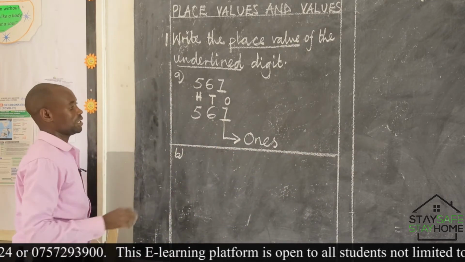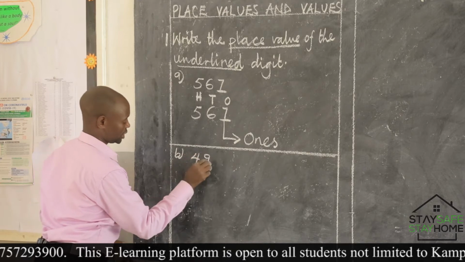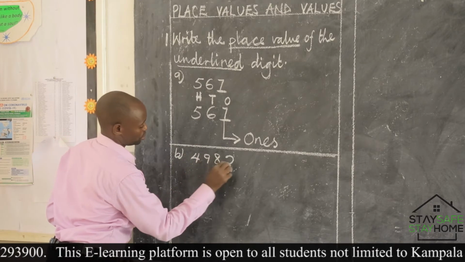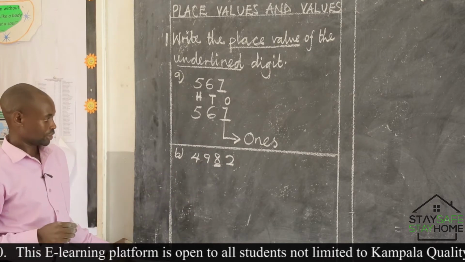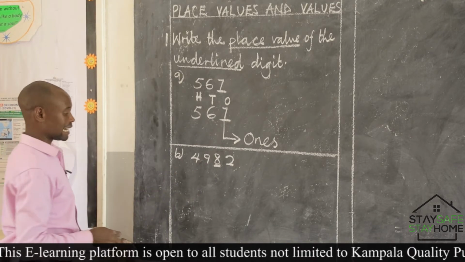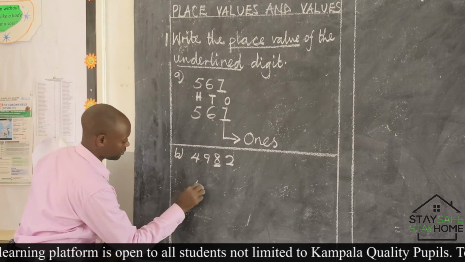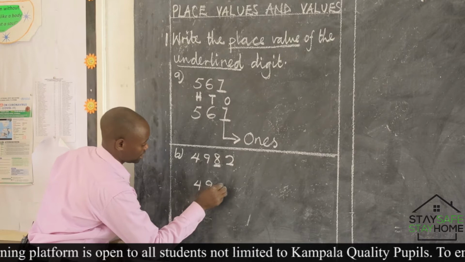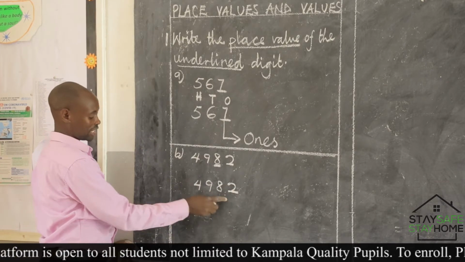Here, in our example 2, I have 4, 9, 8, 2. So what have I told you? First, identify the place values of all digits. So we have 4,982.